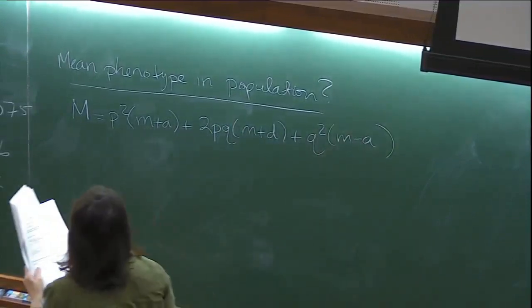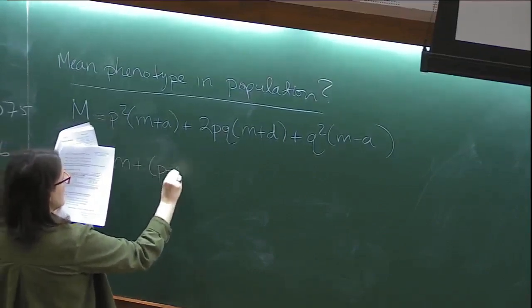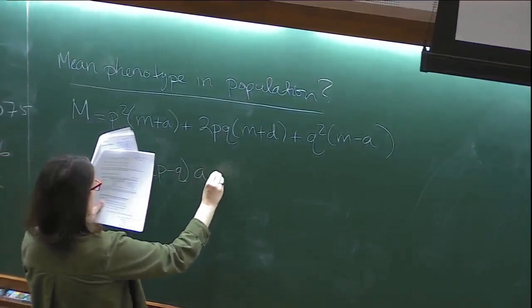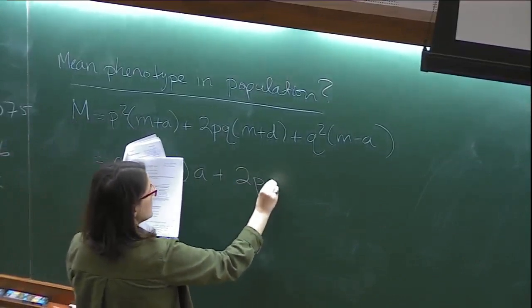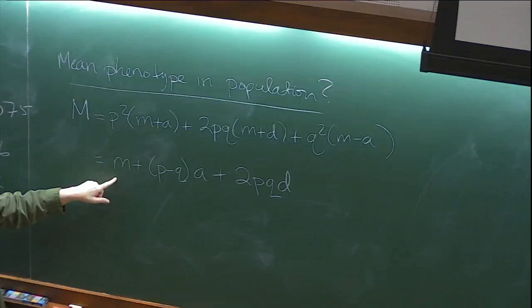And a little bit of algebra gives you this quantity. One thing you might notice is that unless you have equal allele frequencies for this 2 allele case and no dominance, the mean phenotype doesn't usually equal that reference value.